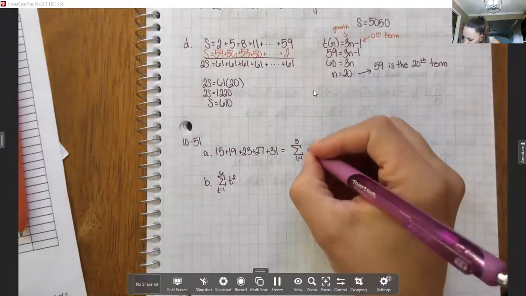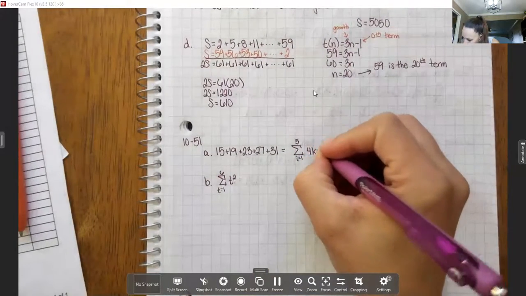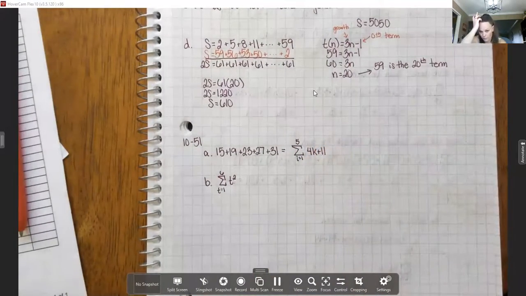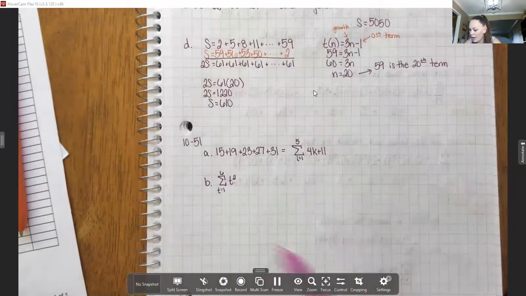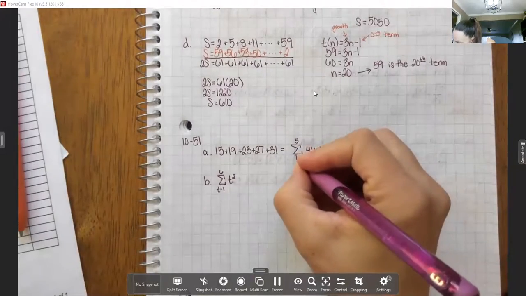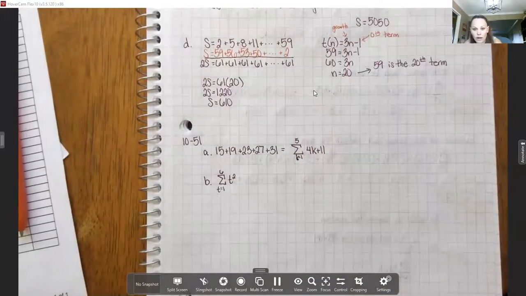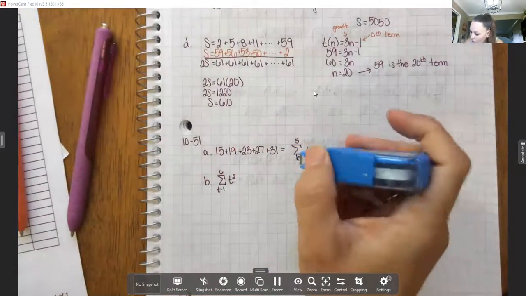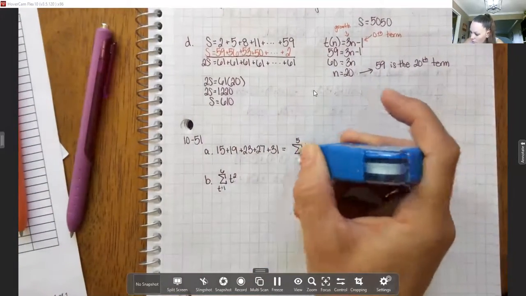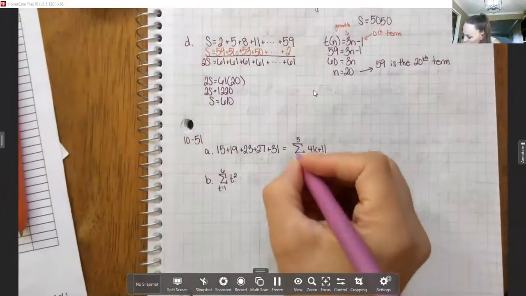So your argument here would be 4K plus 11. 11 being the 0th term. That should be an I, or this should be a K. These have to be the same letter. Sorry. Doesn't matter what letter you use. You just want to use the same letter.